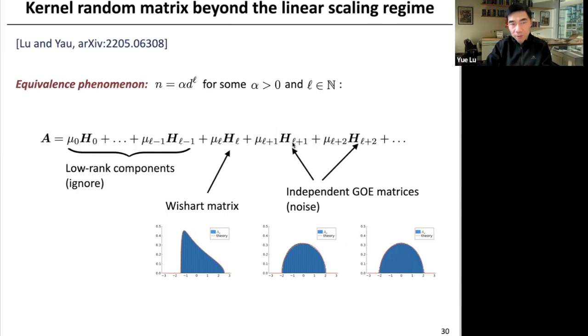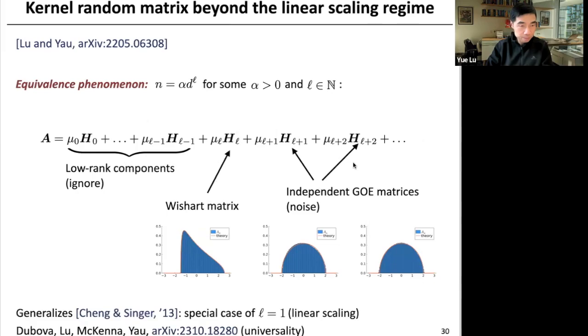So we can combine all these higher order polynomial components into a single noise matrix. And this explains why we can represent A as a linear combination of a constant part plus a linear part, which is a Wishart part, plus all the higher order components treated as a single noise matrix.